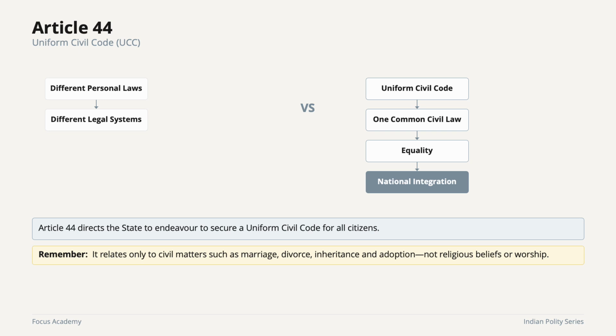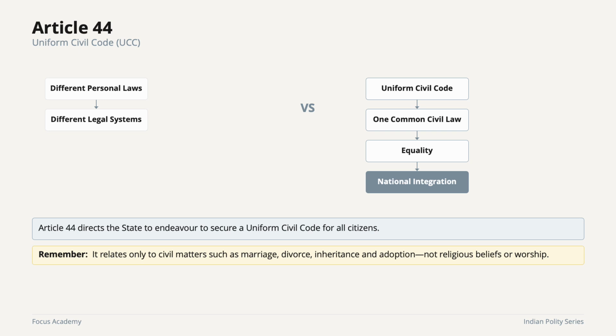Uniform civil code means uniform laws. It could be anything: cultural laws, educational laws, economic laws, any kind of laws. India has always tried to push for a uniform civil code, but since India is a land of diversity with different religions and cultural backgrounds, it's very difficult to implement.